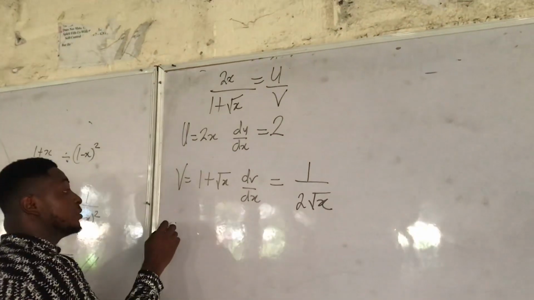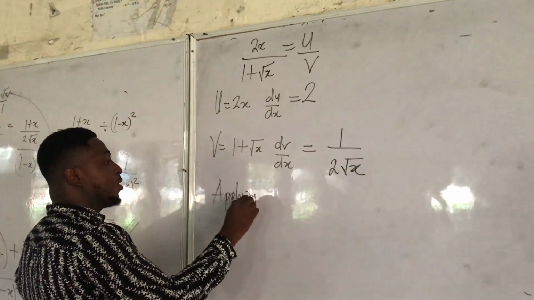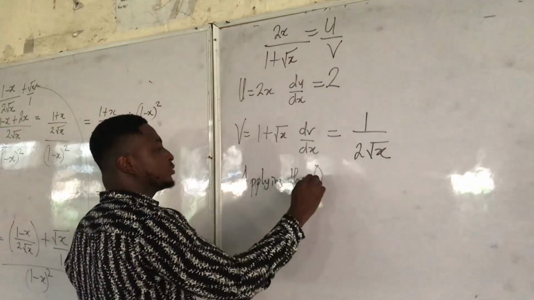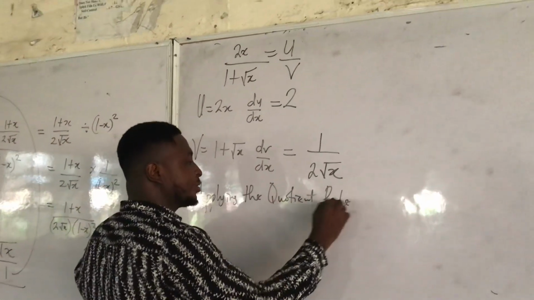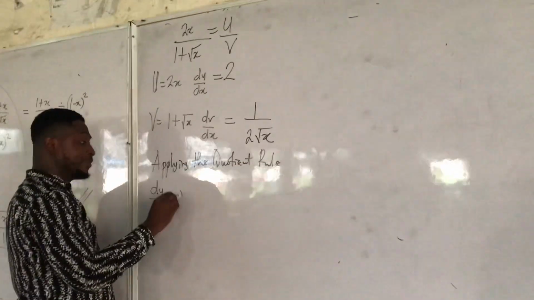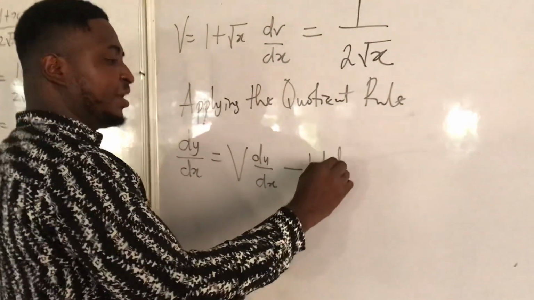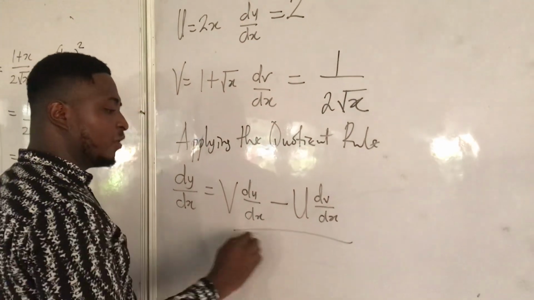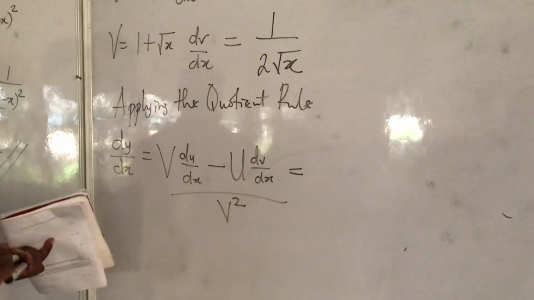Let us now apply the quotient law, the quotient rule. What does quotient rule say? dy dx equals v du dx minus u dv dx all over v square. Who is my v?